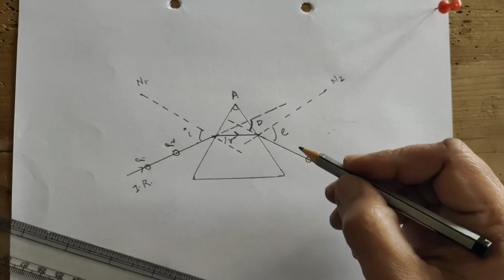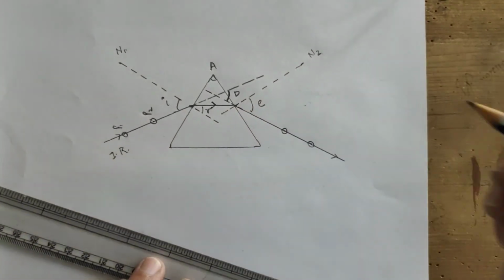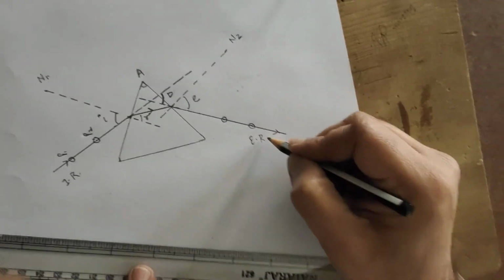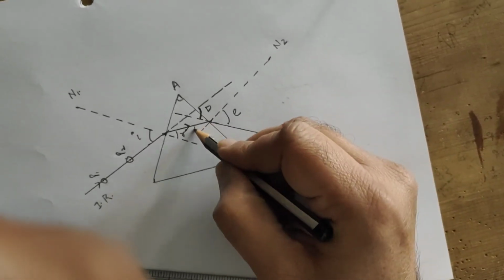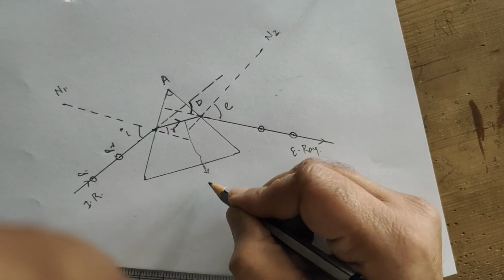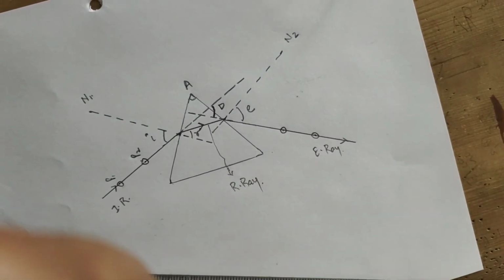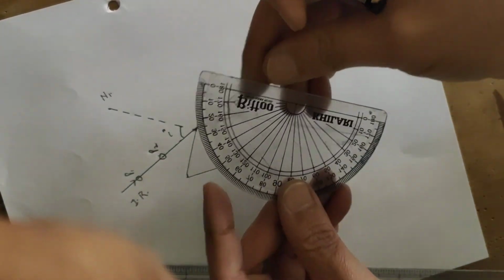Now we are going to measure these angles and establish the relation. This ray is refracted ray. First I am measuring this angle of incidence.